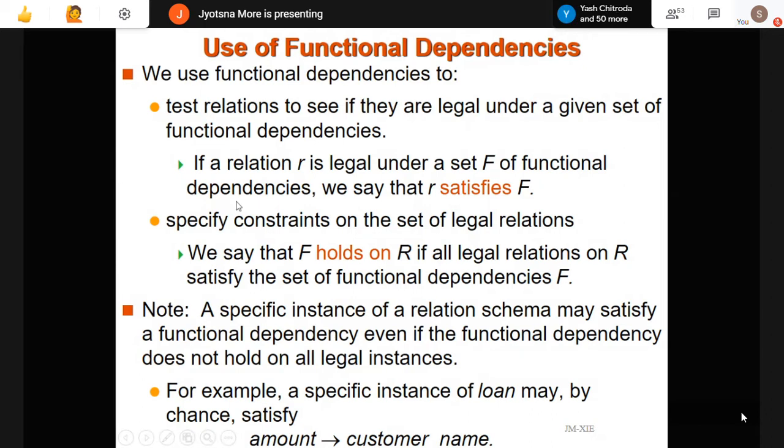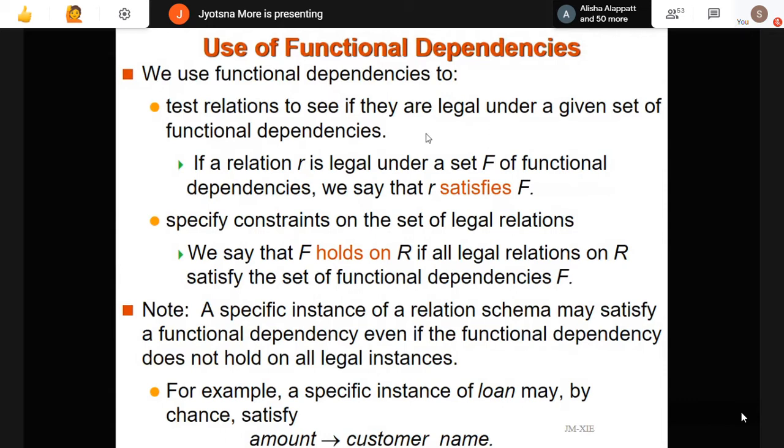Functional dependency is basically used to test the relations to see if they are legal under a given set of functional dependencies, to check whether the schema and relations you have created are correct, legal or not.